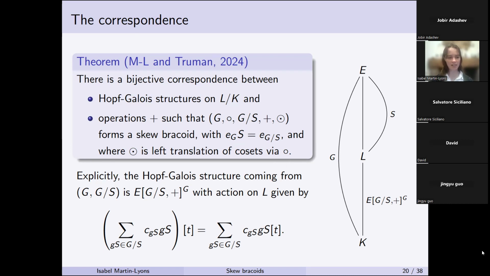So how does this actually work? Well, to give a slight flavor of it, explicitly, the Hopf-Galois structure coming from the skew bracoid is this group algebra fixed by G via Galois descent. So what is the fixing by? Well, G acts on E by Galois automorphisms, and it acts on this group via the gamma function of the skew bracoid. So this gamma function really turns up everywhere.